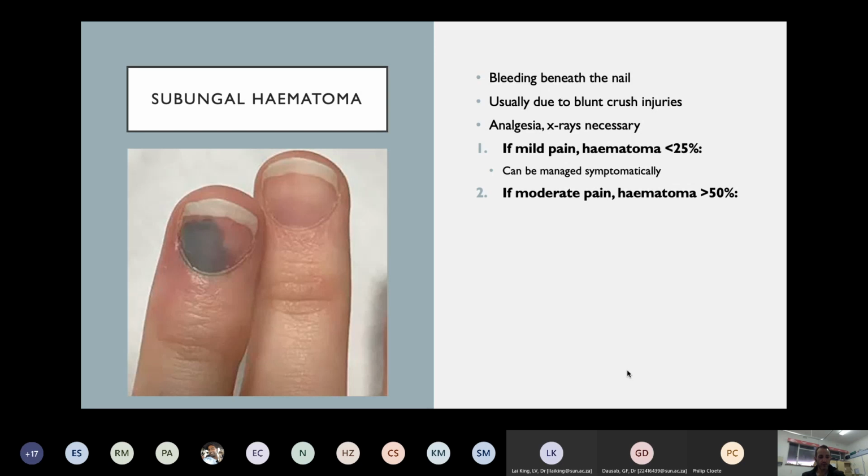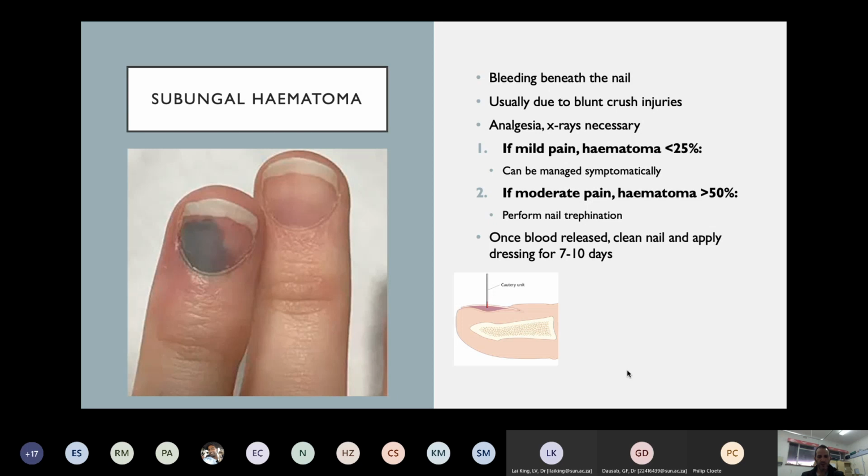If they have moderate pain, or if it's a large hematoma, what you can do is nail trephination. And what this is, is either using cautery or a needle to make a small hole into the proximal nail to allow that blood to be expressed. Once the blood is released, you can clean the nail and leave it resting on for 7 to 10 days. And generally, these guys do quite well.